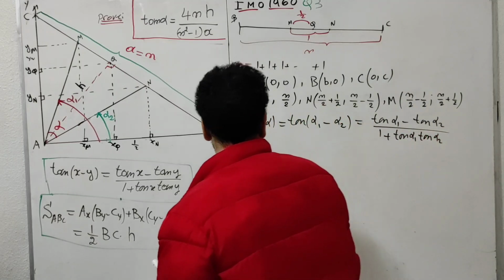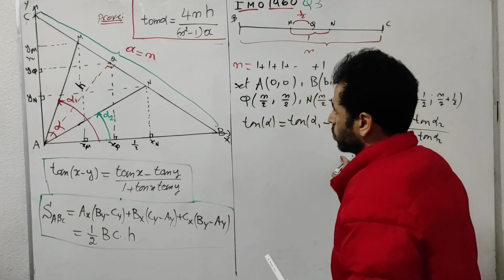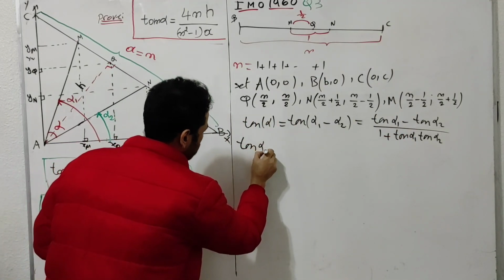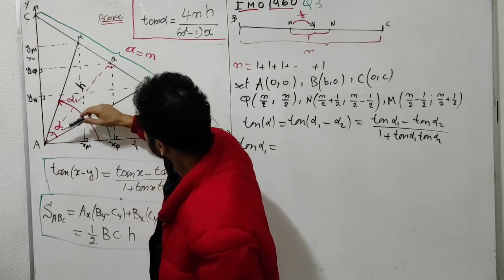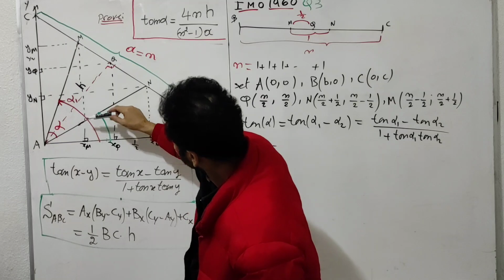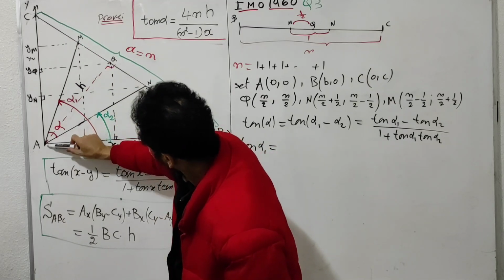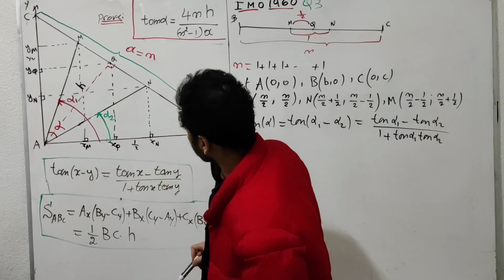Now I'm going to calculate tangent alpha 1 and tangent alpha 2. For tangent alpha 1, that means change in y divided by change in x. In other words, the opposite divided by the adjacent, sine divided by cosine for the tangent.